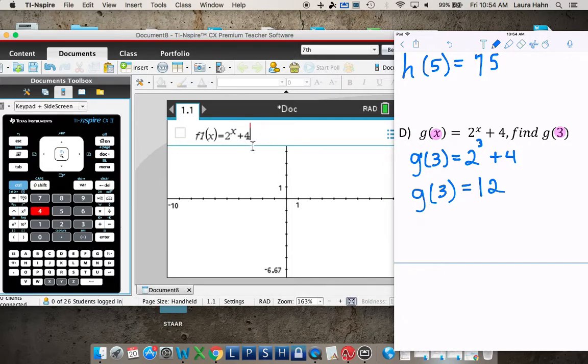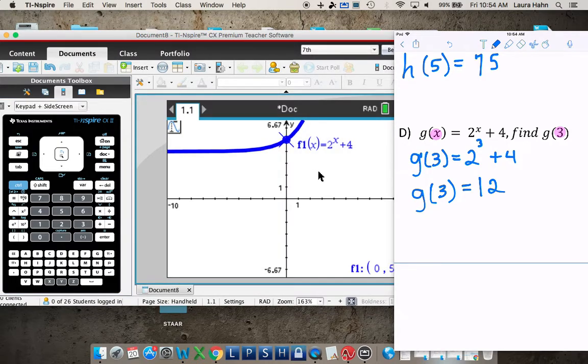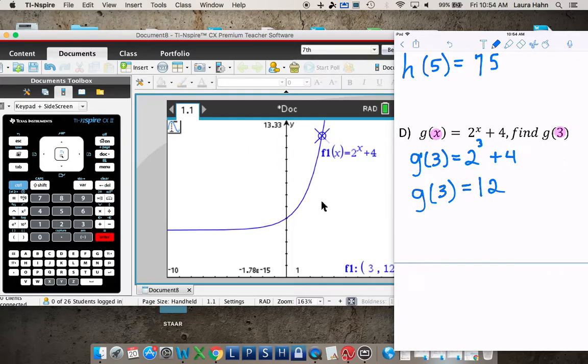So that says 2 to the x power plus 4. Now I need to jump to where x is 3. So I use trace: menu, 5, 1. Notice it looks like an x, so I can type in my x value of 3. So push 3, enter. I know x is 3 and y is 12. Exactly what we got.